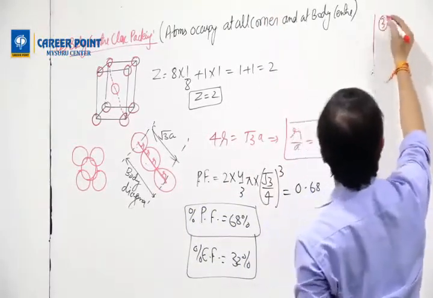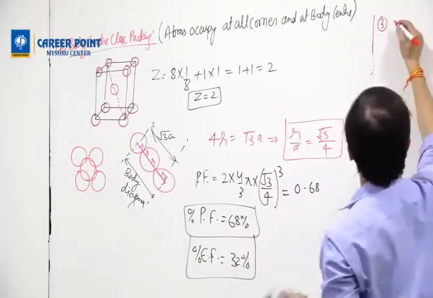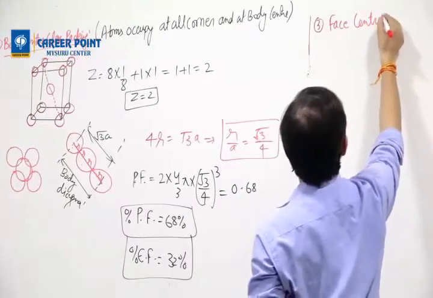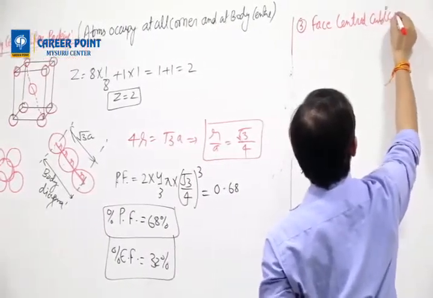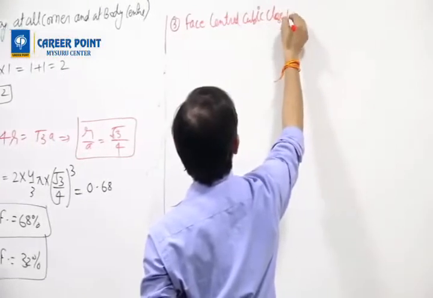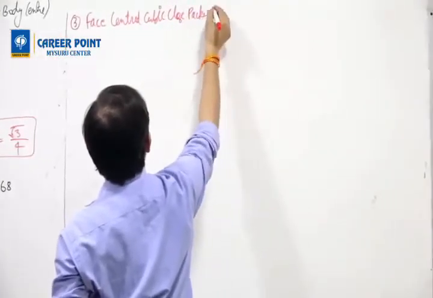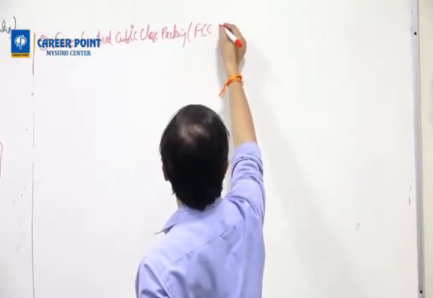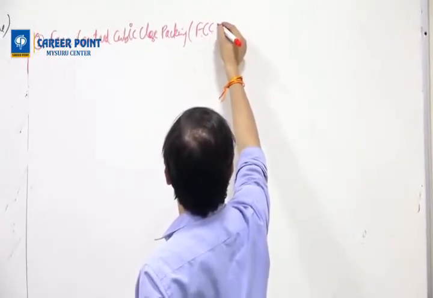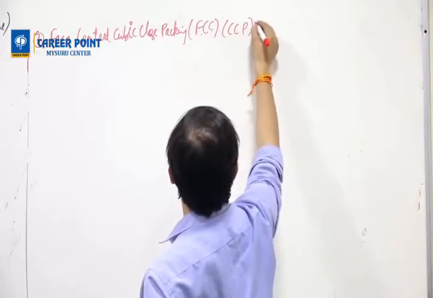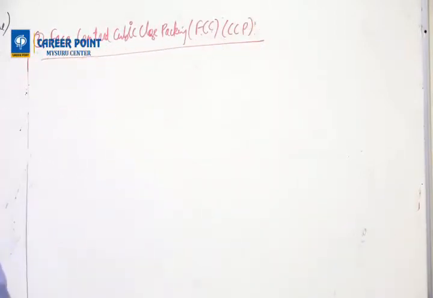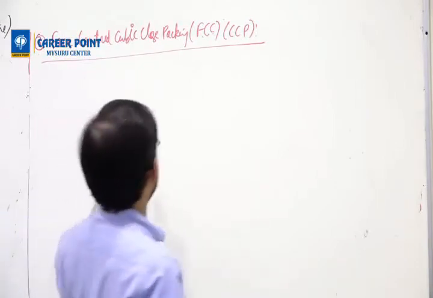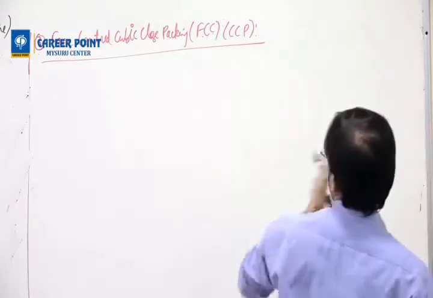Now we have the third one. This is highly important. The third one is known as face center cubic close packing. The short form is FCC. Sometimes it is also known as CCP, cubic close packing.